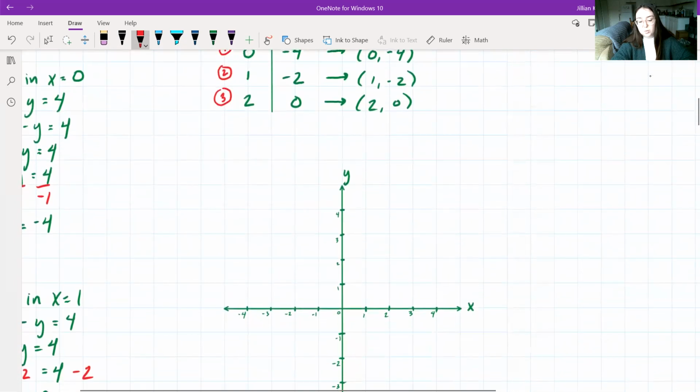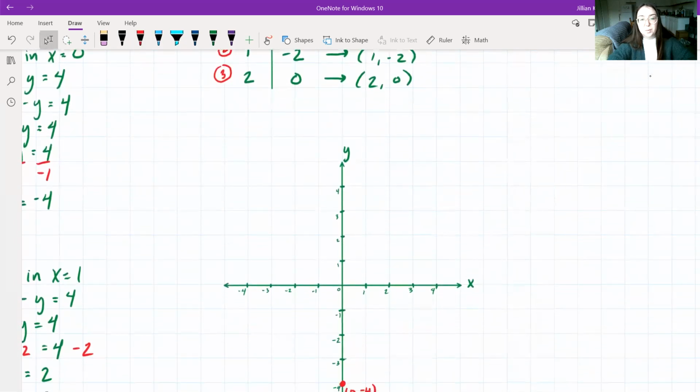Then our next point is 1 and -2. So we find our +1 on our x-axis here, which is right here. And we go down to -2. And we plot our point. And this point here is 1 and -2.